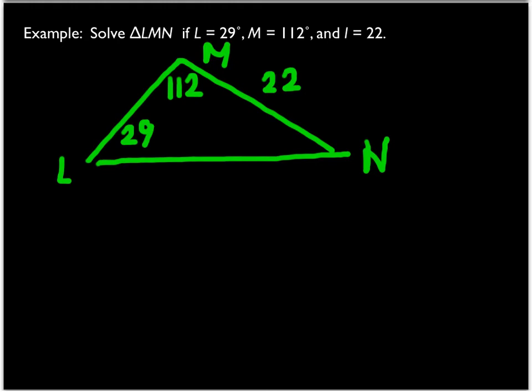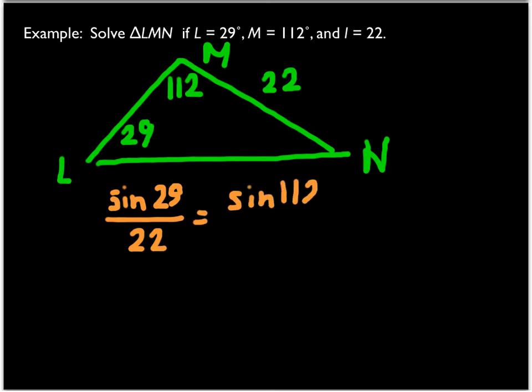So if I'm going to solve this, I would say the sine of 29 over 22 will equal the sine of 112 over little side m. And of course you can do some cross multiplying here.